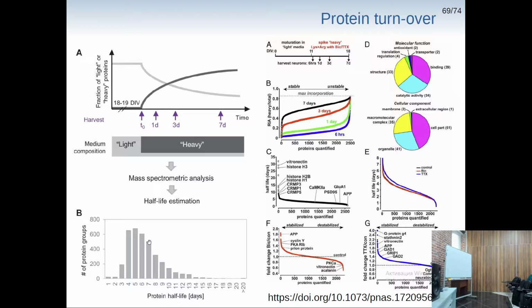Also, let's see which proteins actually increase turnover and decrease turnover if we change, for instance, some environmental factors. As you probably know, for some neurons, there are different receptors which can sense different mediators.